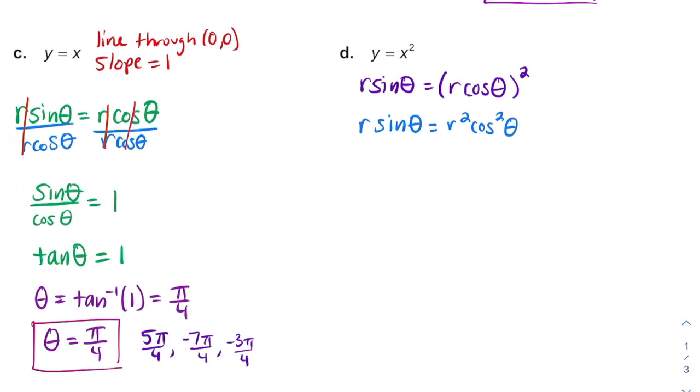And now at this point, when you have multiple trig functions, rather than using addition or subtraction, I would use division to try to turn them into tangents, to try to group them together. And so what I'm going to do here is first divide by the r.